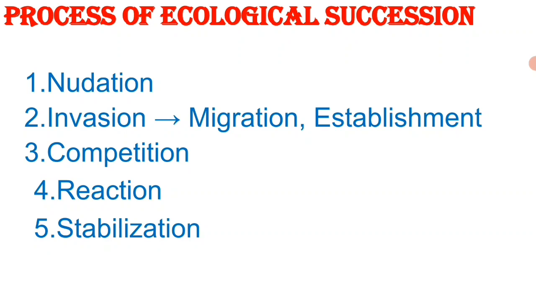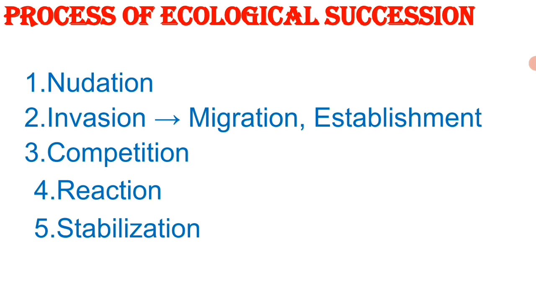Let us consider an empty bare land area. In that bare land area, no species can survive. Then one species starts to survive in that area, which is called nudation.